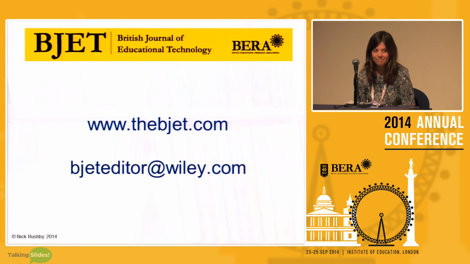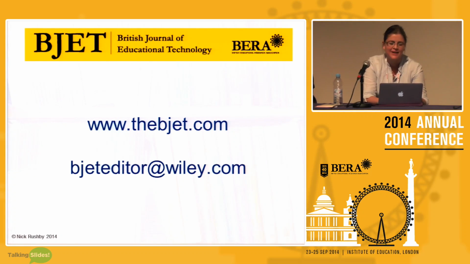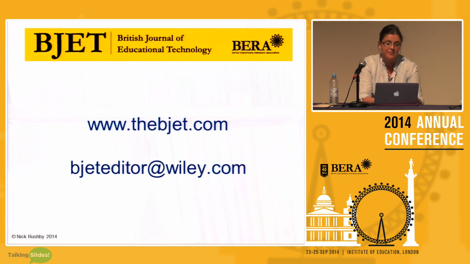I've got the numbers. So for Bird, we're quite a busy journal. We're looking at about 350 papers in a year, and the acceptance rate at the moment is about, let me just check, about 12 or 13%.